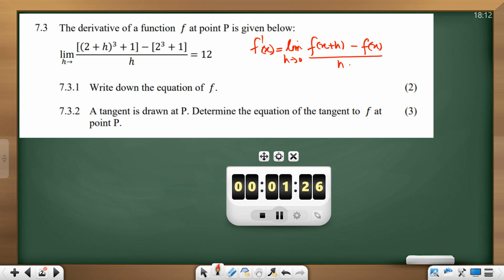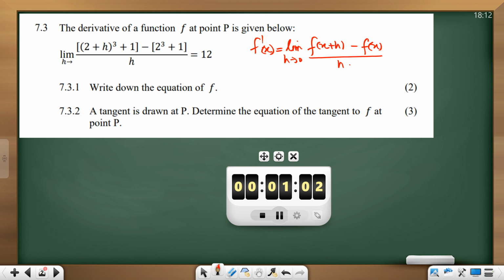Why is the h not approaching 0? The examiner said the derivative of a function at a point P. Guys, please, it's very simple.